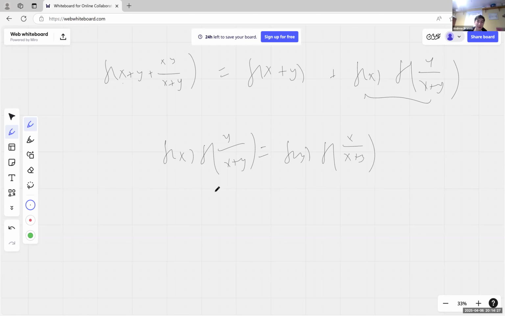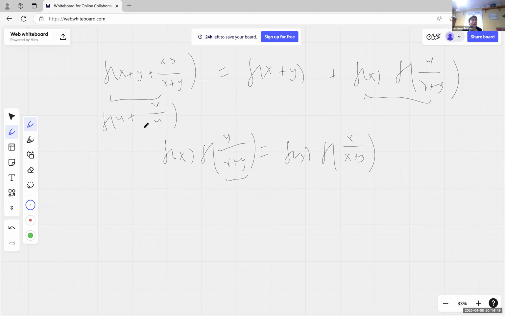And we note that this x plus y can really be anything. What this gives us is something of the form f of u plus b over u for specific values of v.